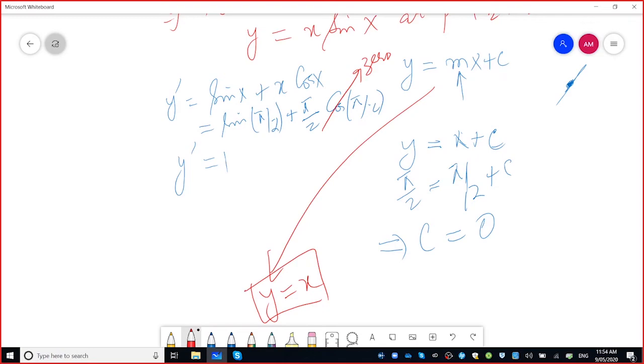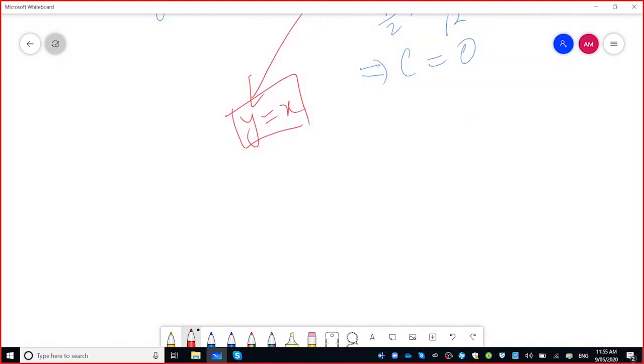Maybe one more question. What do you think would be better, do 64 or move to the next page? We can do 64. Okay, let's do 64.